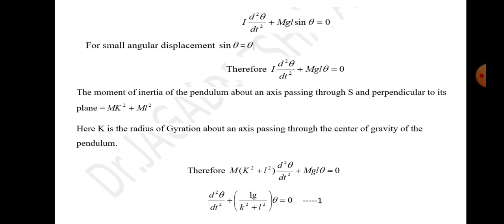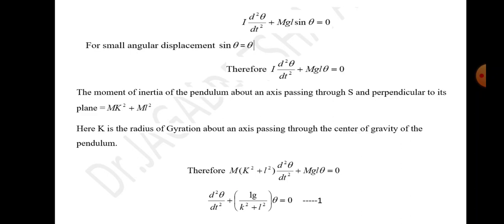The moment of inertia of the pendulum about an axis passing through S and perpendicular to its plane is mk square plus mL square, where k is the radius of gyration about an axis passing through the center of gravity. Substituting this value instead of I, m into k square plus L square, d square theta by dt square plus mgL theta is equal to 0.